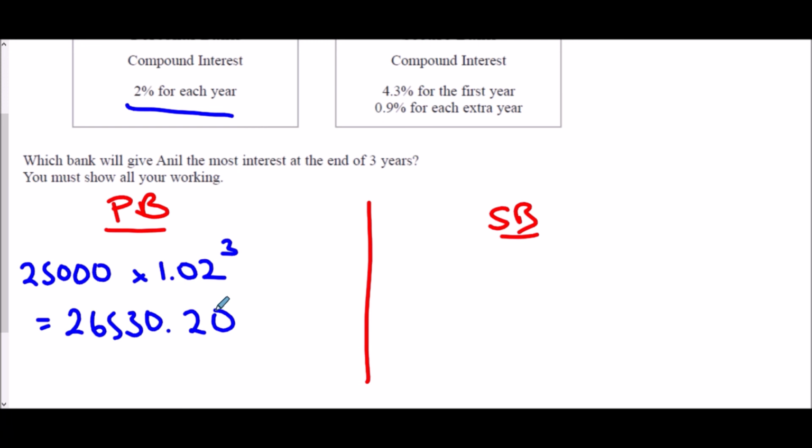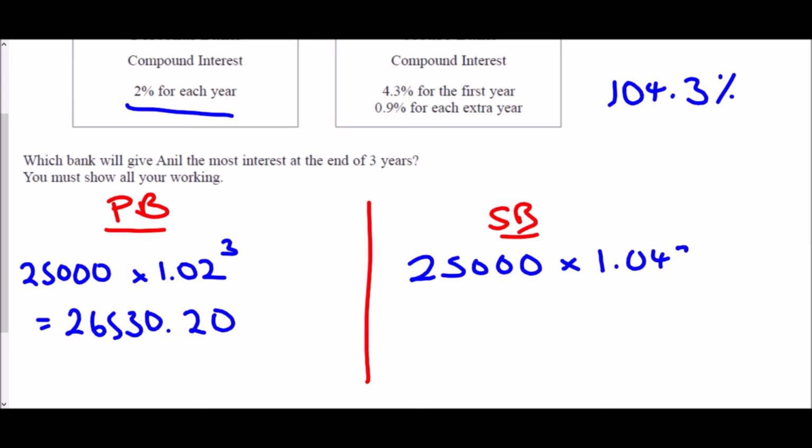And so from the Personal Bank, he's going to raise about £1,530. For the Secure Bank, we do have a slightly different situation. He is investing £25,000 in the first year with 4.3% interest. Now 4.3%, well, that will give us 104.3%, which as a decimal is 1.043.